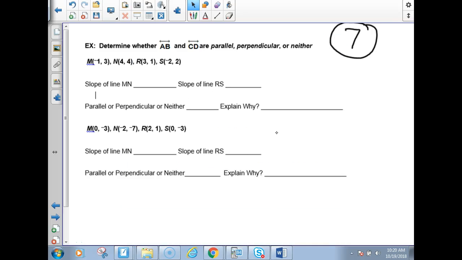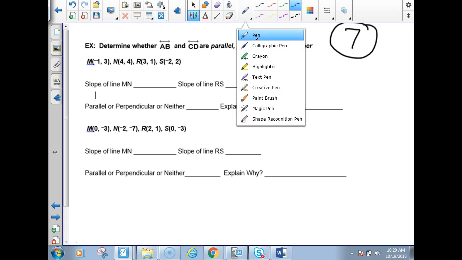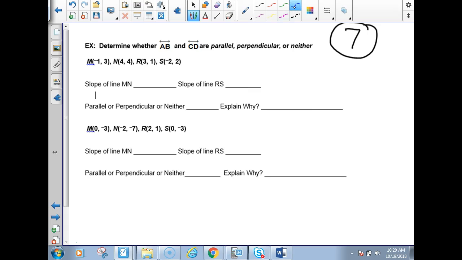All right, we're going to fill out the ISN page 7, which we did notes on yesterday. So this is just giving us the examples in our ISN. So what's this about? Well, you might remember that slope formula, m is equal to y2 minus y1 over x2 minus x1.